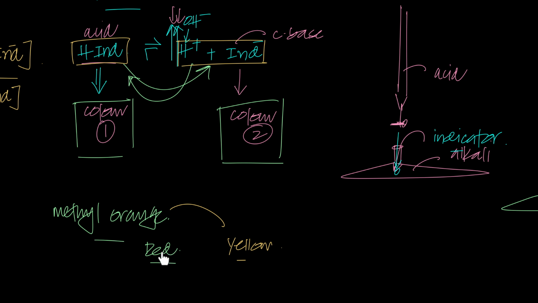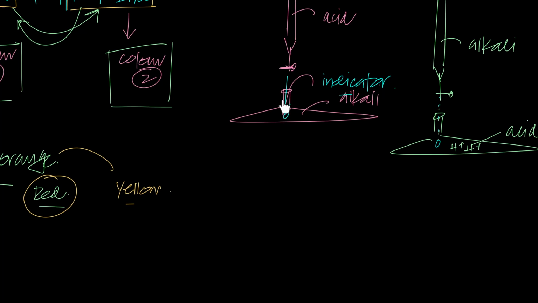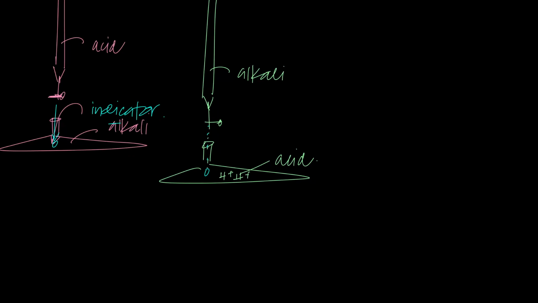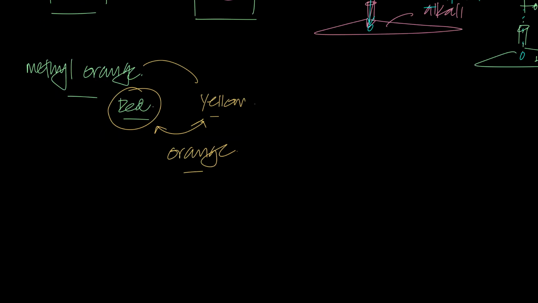And that is the reason why, if you perform the titration experiment with its utmost precision, which is near to impossible, but if you do it, you're not going to have a red color at the end, because a red color at the end means you have one excess drop of acid. Yellow color at the end means you have one excess drop of alkali. But rather, if it's actually exactly the equivalence point, you're going to have the color between the two, which is orange. And here you go. And that will be the neutral solution for it.